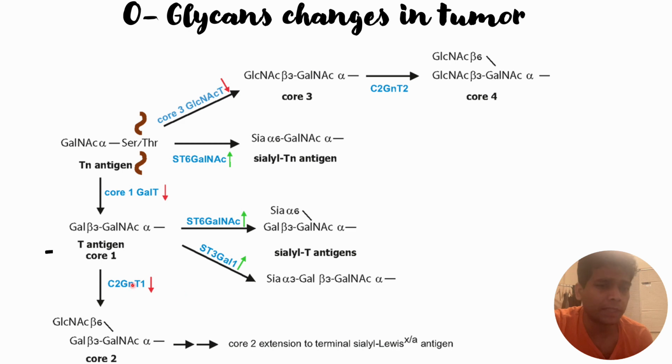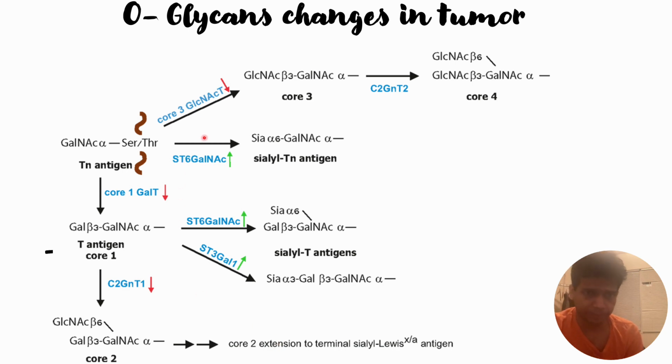However, there is a downregulation of this structure, that is GlcNAc beta 6 to GalNAc alpha, Gal beta 3 GalNAc alpha, and this is because there is a downregulation of the C2GnT1 enzymes, and this is the reason why further downregulation occurs towards this core 2 extension.